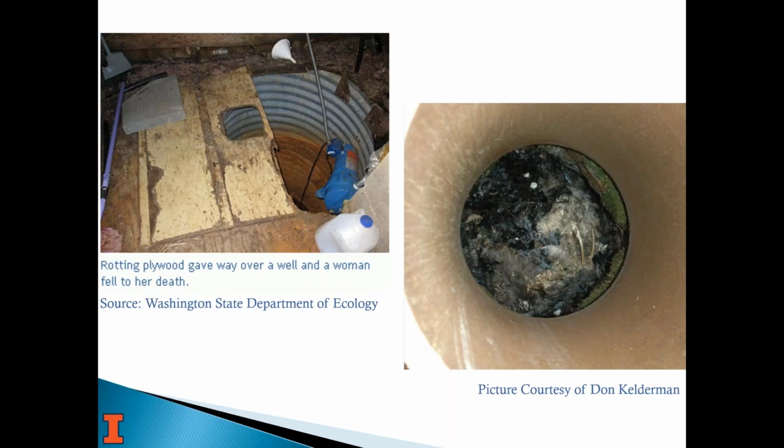It's a little building with a large hole in the middle for the well. It wasn't corrugated pipe, it was old brick, but it's the same type of thing. Anyway, that piece of plywood, she stepped on it and it broke, and she fell in and it killed her. And you can see that the gray stuff around the bottom on the floor is likely old insulation that's been chewed on by mice and rats.